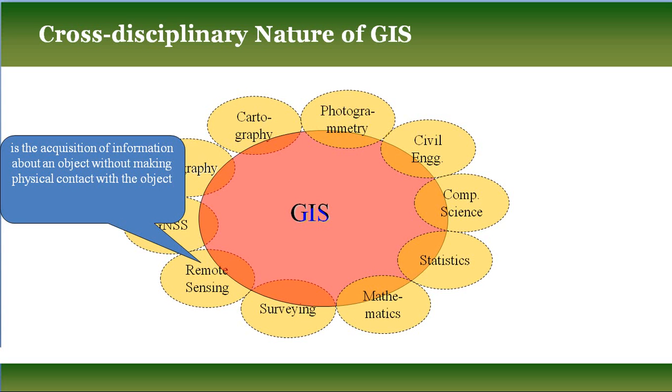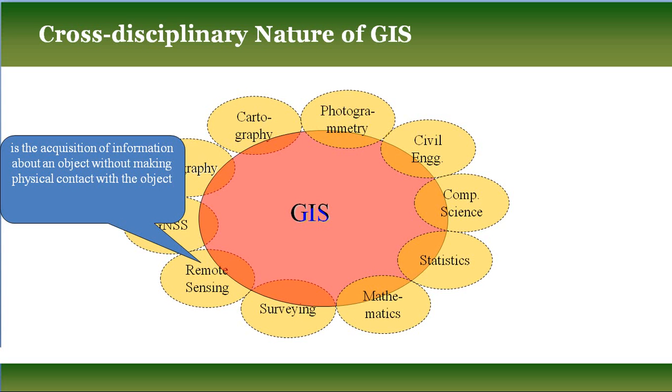So this is also a very useful source for GIS. This is a GIS data source. Once you collect such an aerial photograph or satellite image, you can perform different types of GIS analysis. And from this satellite image or aerial photograph, you can extract a lot of additional information.